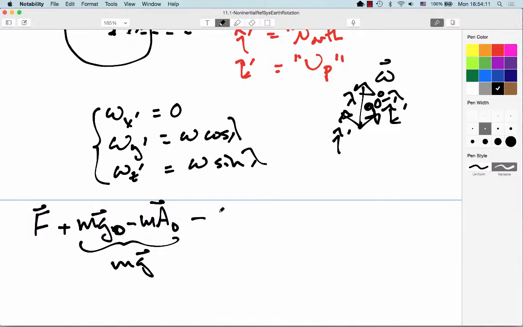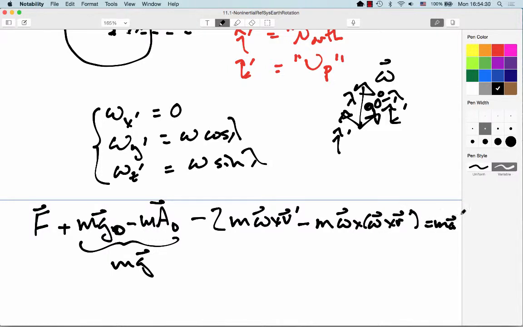Then we'll have the Coriolis force, 2m omega cross v prime, and our centrifugal force trying to throw us off the surface of the Earth, m omega cross r prime. And that will equal our m a prime.